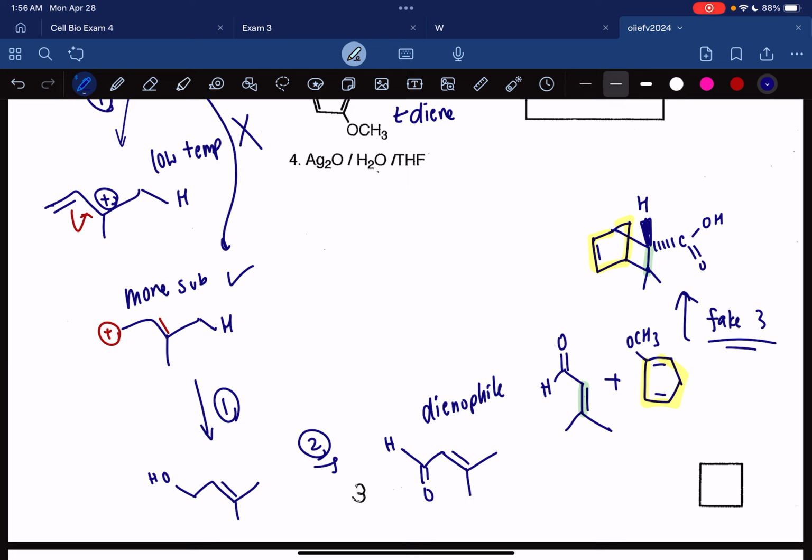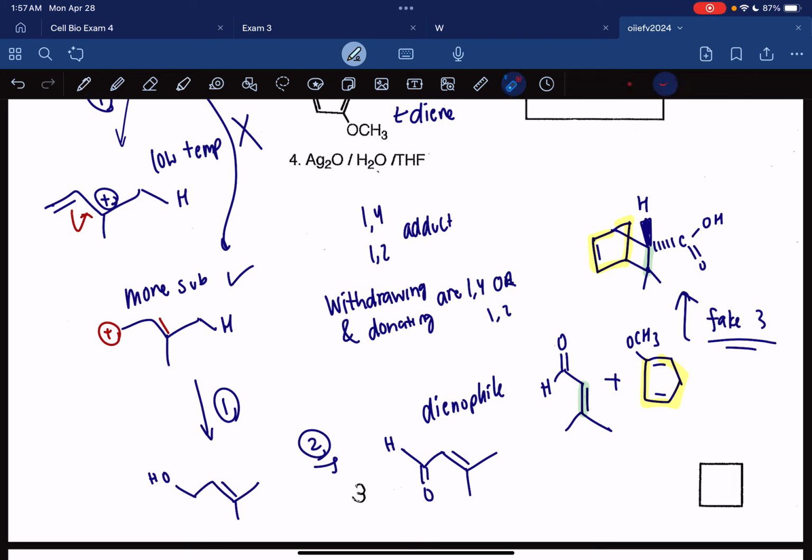And then the trickiest part of a Diels-Alder reaction is labeling where to put the donating group. So if you remember, there's something called the 1,4 and the 1,2 adduct. So you want to make sure that your withdrawing and donating groups are 1,4 or 1,2.